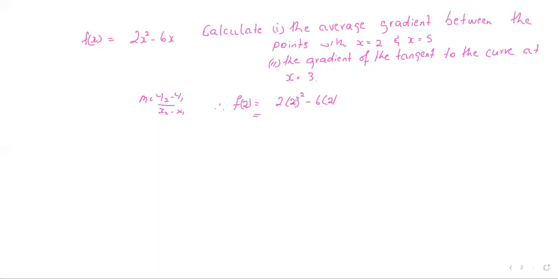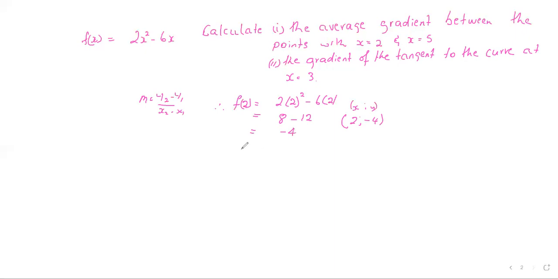And that will be 4 times 2 is 8 minus 12, which is minus 4. So basically, the coordinates here will be 2 and minus 4. The first one being x, the second one being y.